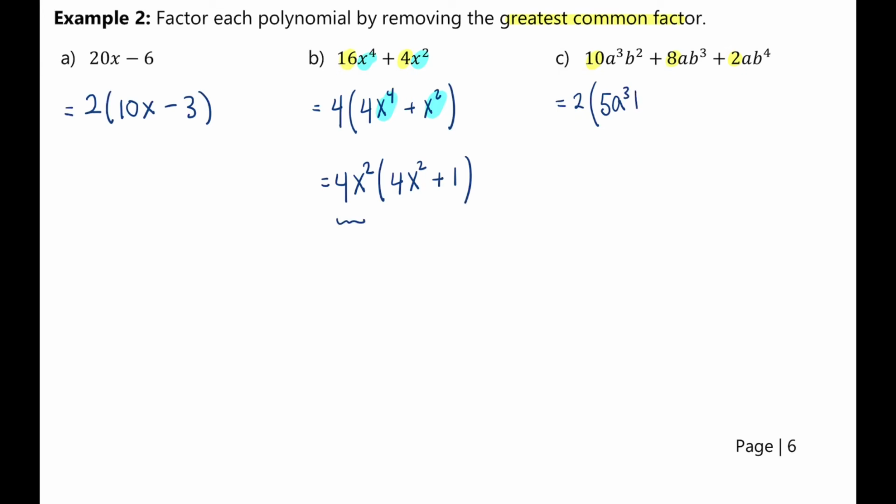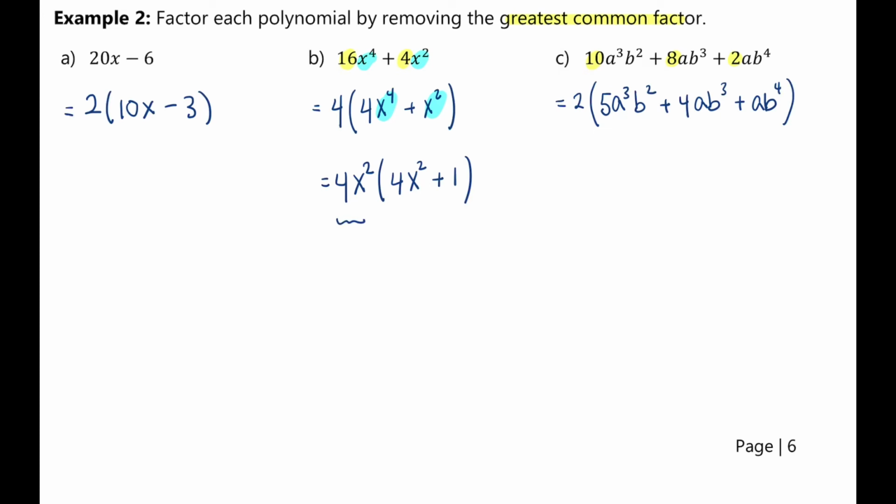And a cubed b squared follows. And 8 divided by 2 is 4. And the rest follows. And 2 divided by 2 is 1. So a b to the power of 4 left behind.